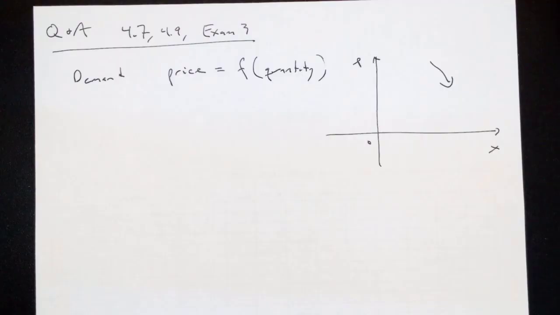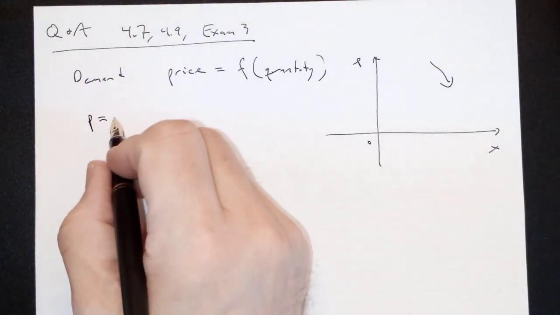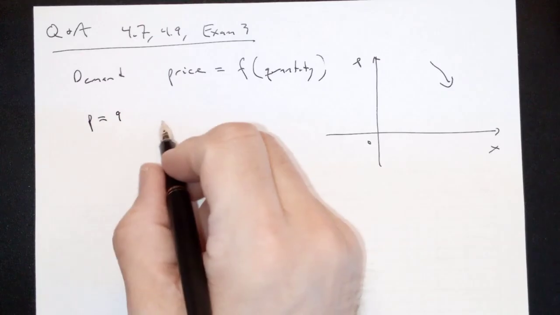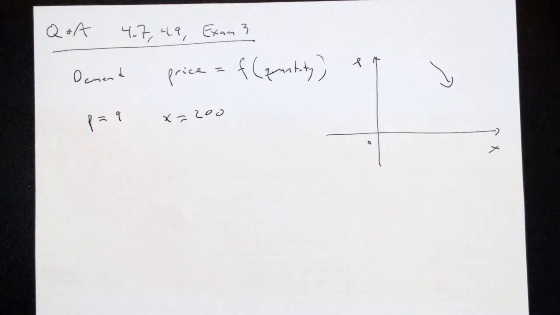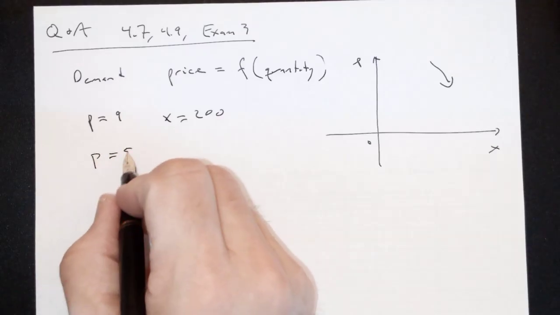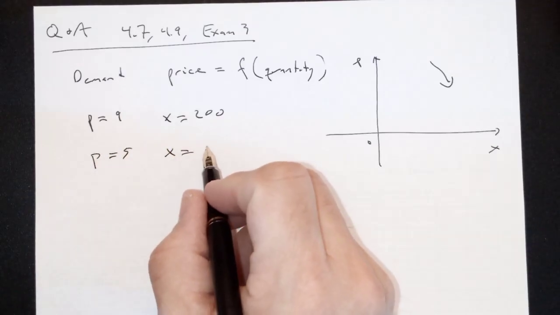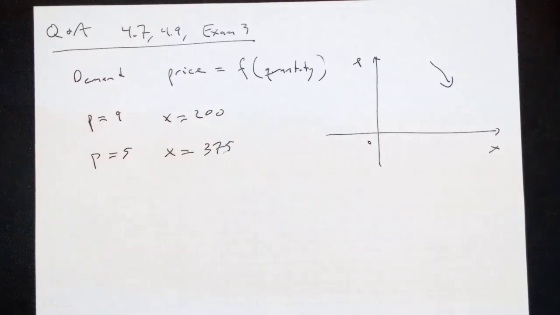I need some information about quantity and sales somewhere in here. So if I'm selling, when the price is, I don't know, 9, I'm selling 200 widgets. And when the price is 5, I'm selling 375 of them.